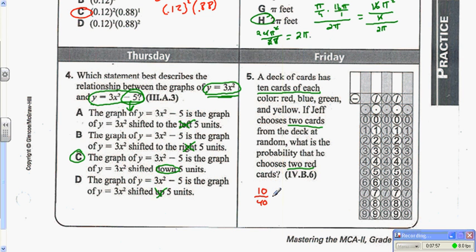If you pull a card out and keep it in your hand and then reach to pull another red card, there would only be 9 red cards left out of 39 cards. So this is the probability of getting a second red card. And we would multiply those two together. Now you can simplify those fractions before you multiply, or just get 90 over 1,560, which is big, but if you work at it, it reduces down to 3 over 52.